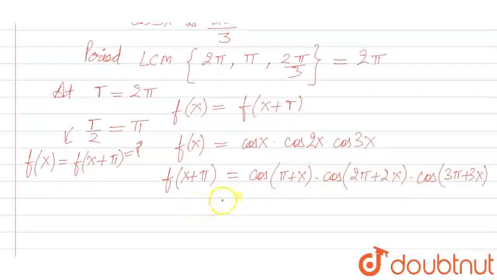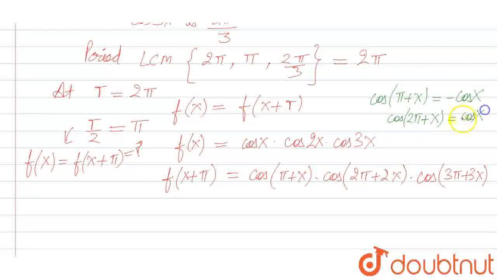Now we should know that cos of pi plus x is minus of cos x, and cos of 2 pi plus any angle is equal to cos of that angle.